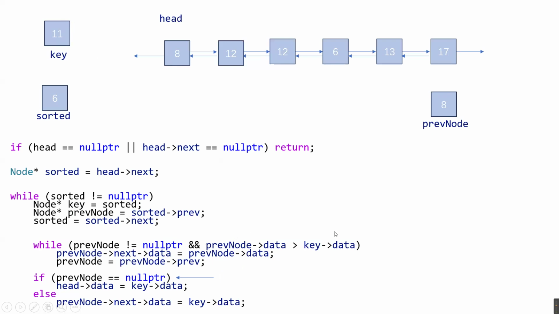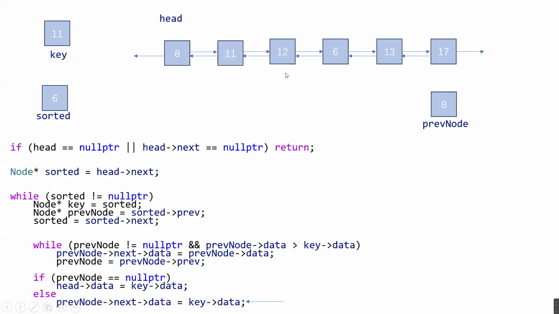So in this time step, when we go back to the while loop, the key is actually greater than the previous node. So we will quit from the while loop and jump to the if. And the previous node is not a null pointer, right? So we will just jump to the else. And the previous's next data, this one, will become the key. That makes sense, right?